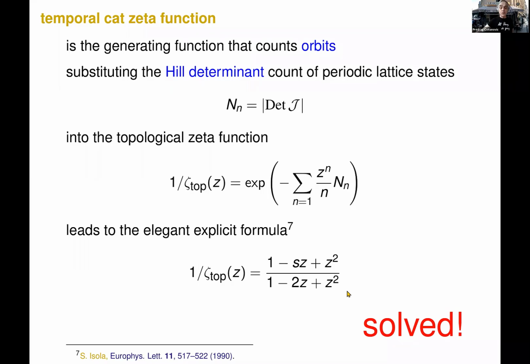And this problem is totally solved, just like we did it for Hill, but now it's physics.